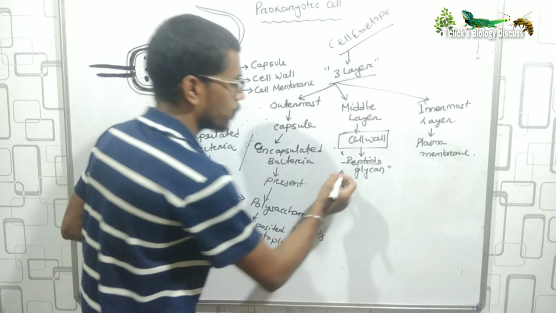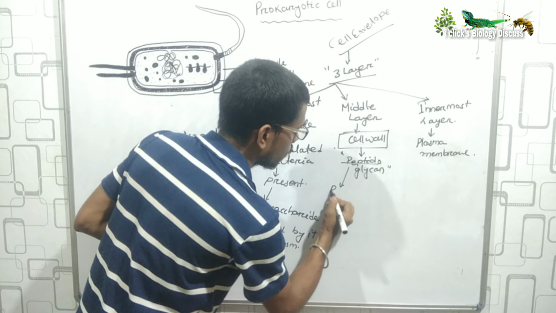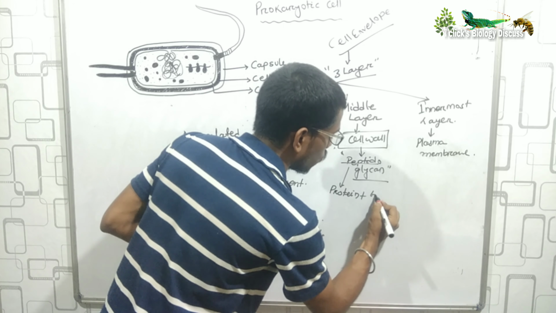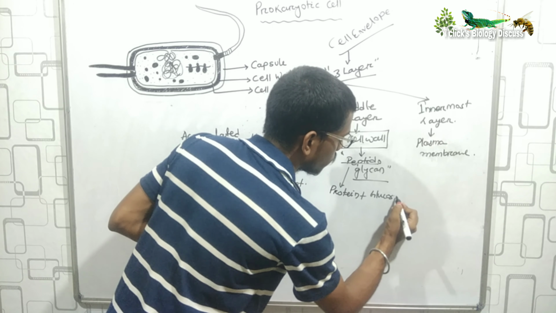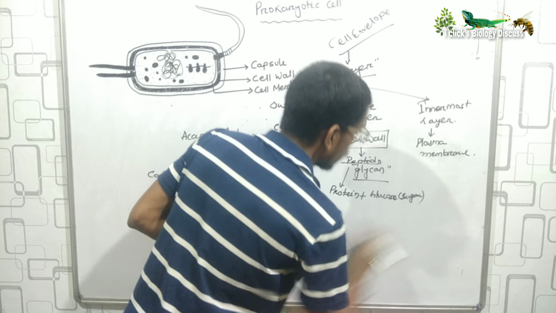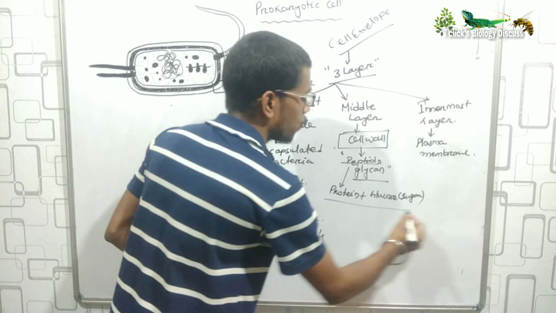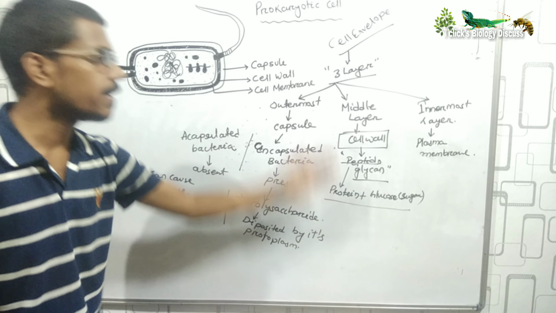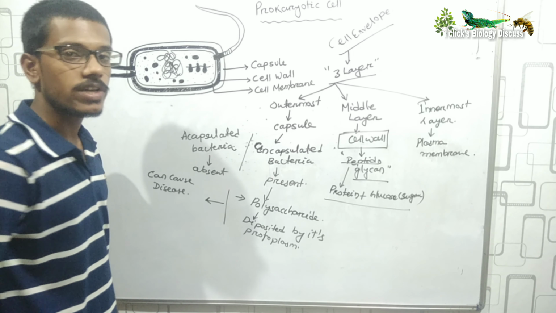Thus peptide means protein, and glycan is from glucose or sugar. So peptidoglycan has protein and sugar. This is the middle layer found in the prokaryotic cell.